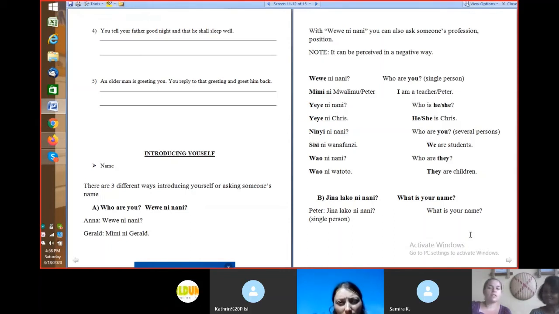But you can also ask, for example, we all sit together in a park and we see a group coming. And then we can ask, wao ni nani? Who are they? So those people who are not present with us. And then Yana, for example, is replying, wao ni watoto. They are children, for example, from our neighbor. Or wao ni watalii, for example, tourists. Yes.